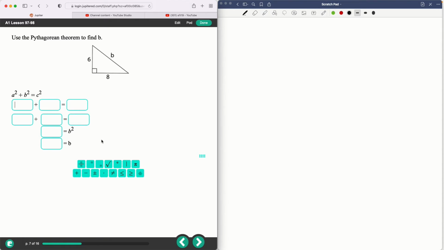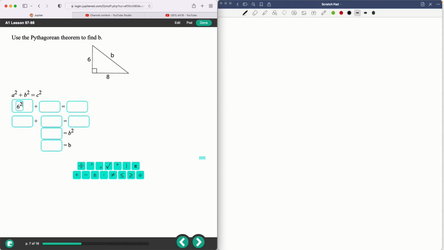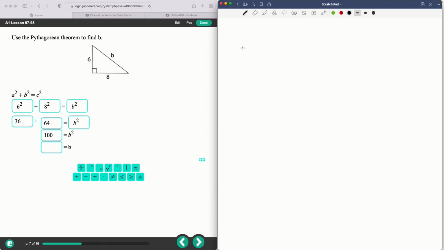So we're going to do the upright squared, the base, the base is 8 squared, and then B is the hypotenuse squared. So that's going to be 36 plus 64 is B squared. We add that together, that's 100. Come over here and we say 100 equals B squared.